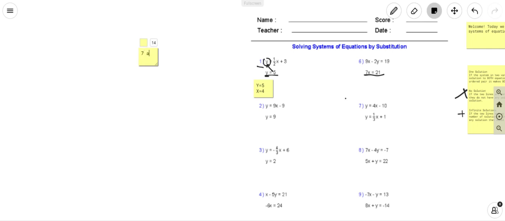If you take 7 and 21, do they have a common number that they can both be divided by? What would that number be? It would be 7. We can divide both by 7.